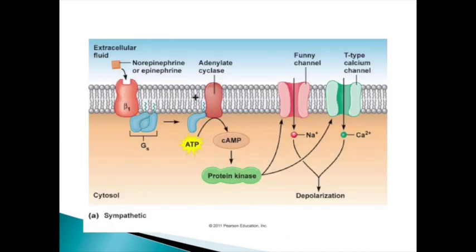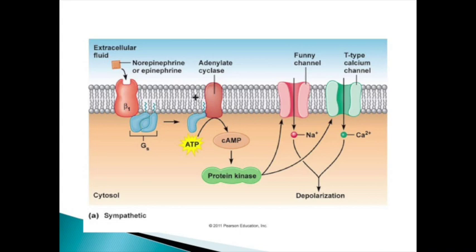Slide 45. As far as you could remember, we have said that as the membrane potential reaches about minus 50 millivolt, another type of channels called the transient or T-type calcium channels open.